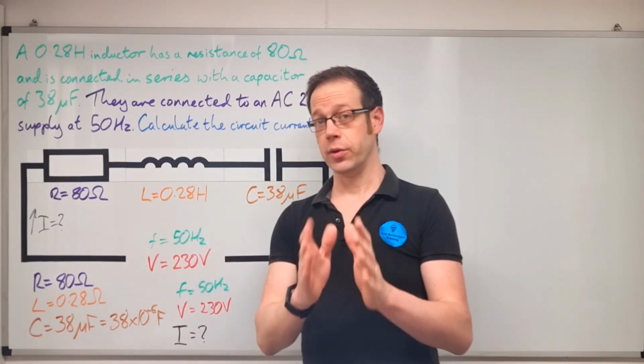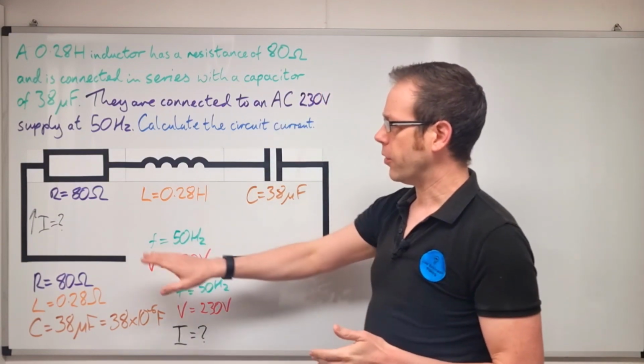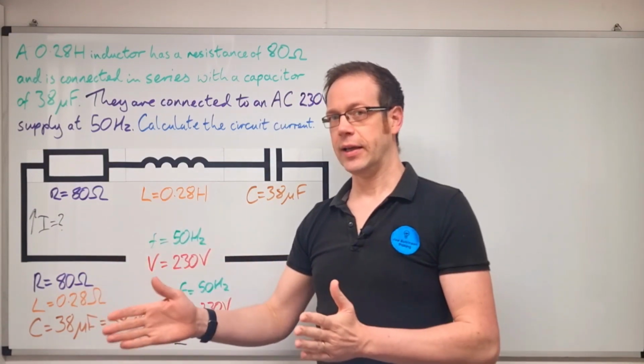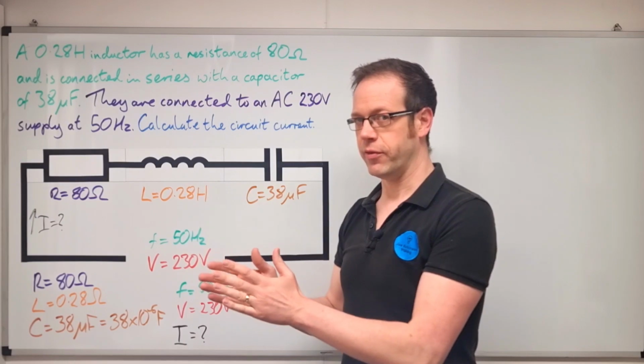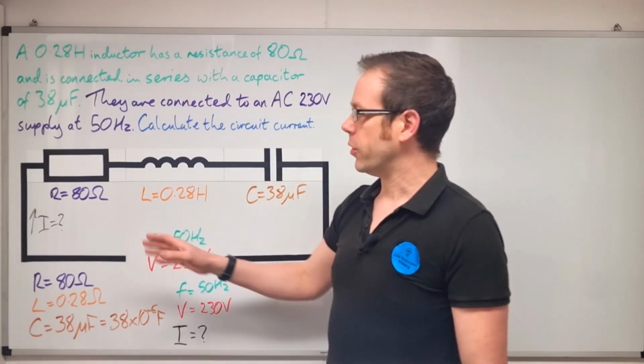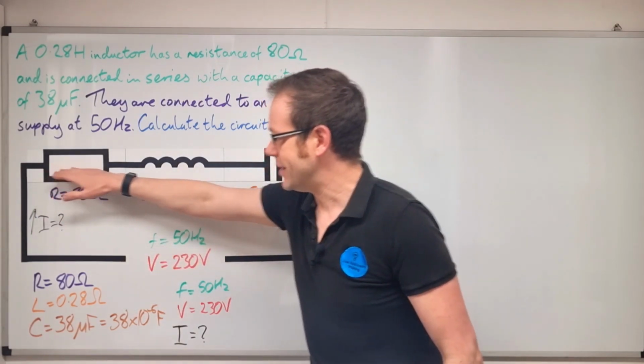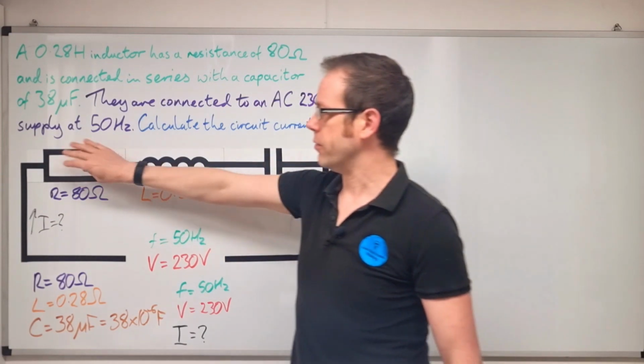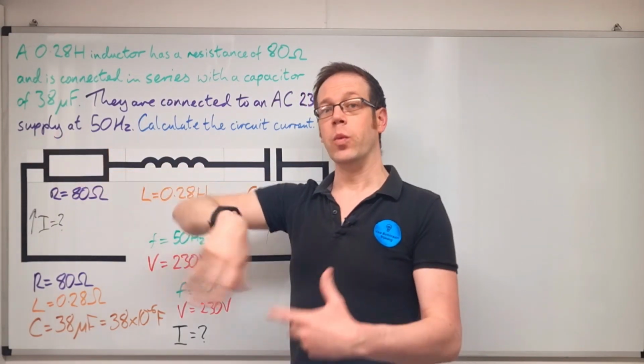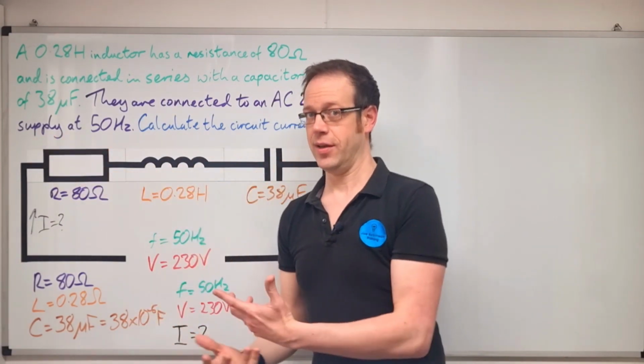It does involve Ohm's law. We are going to use Ohm's law, but it's not kind of the first thing that we can leap to, because actually we're missing some other information. If we want to use Ohm's law in this case, we don't need to know just the resistance of the circuit, because we know the resistance of part of the circuit. We need to know the impedance of the circuit.